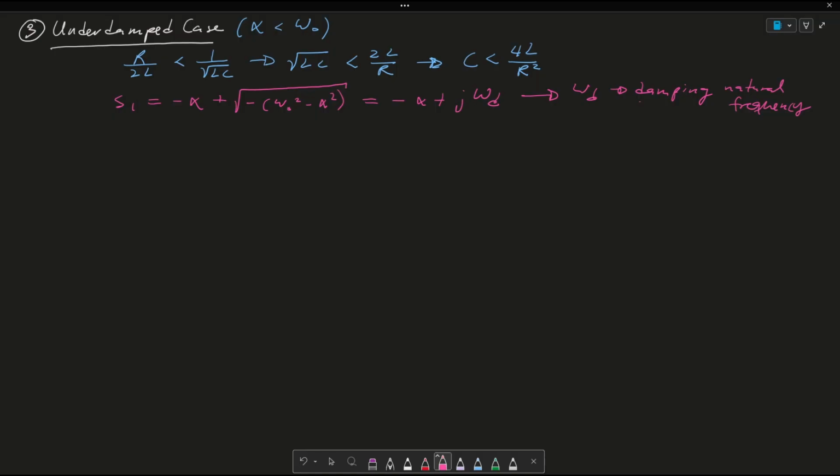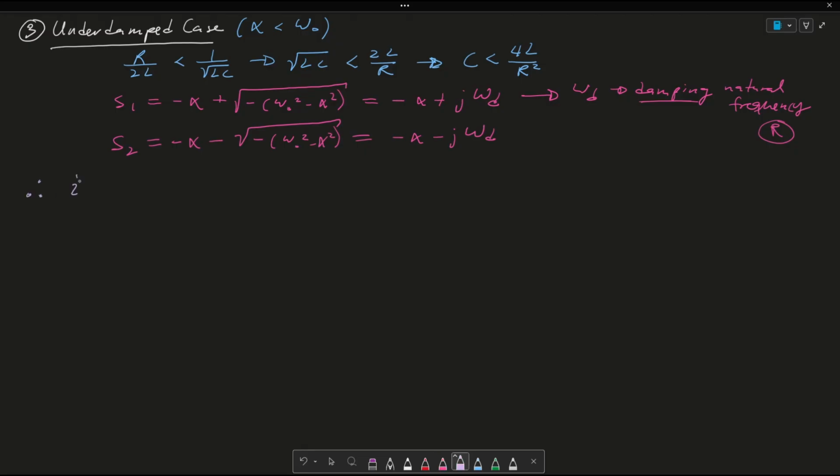The reason it's damping is because it depends on my resistor value R. Then S2 is equal to minus alpha minus the square root of minus omega naught squared minus alpha squared, which again equates to minus alpha minus j omega d.